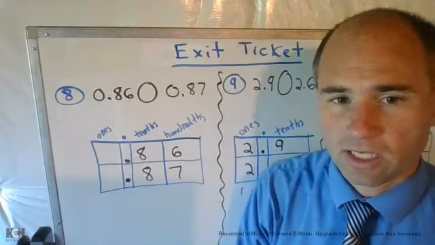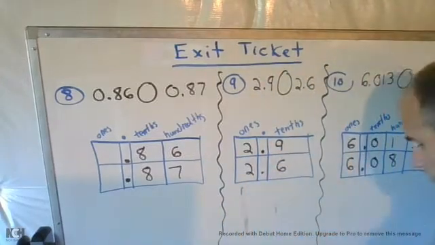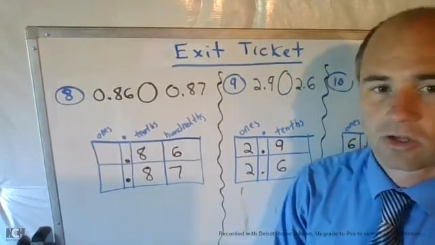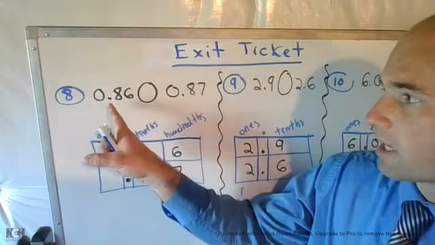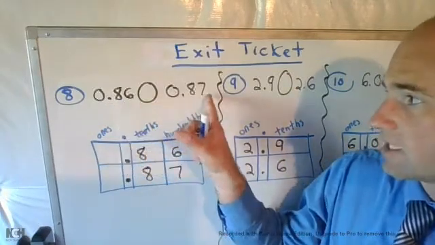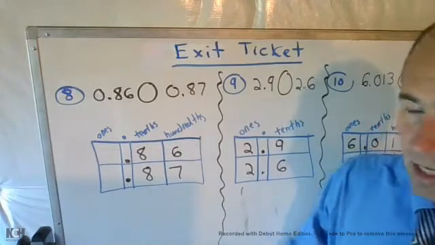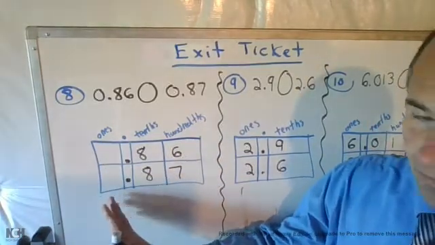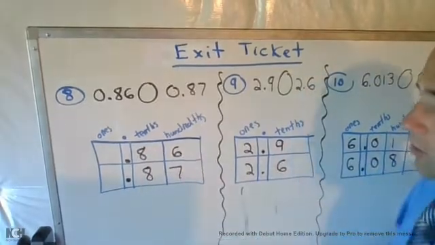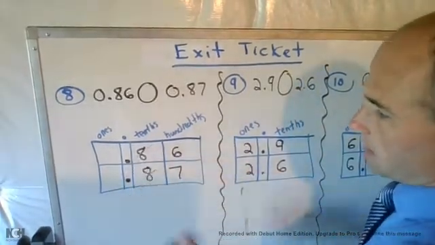All right, let's get started with yesterday's exit ticket, the day 19 exit ticket. So we start off with 86/100th compared to 87/100th. I have nothing in my ones place. I have 2 8s in my tens place, so it doesn't matter.